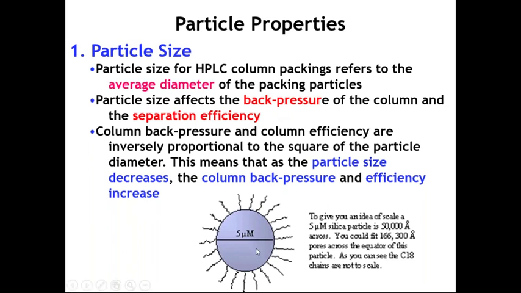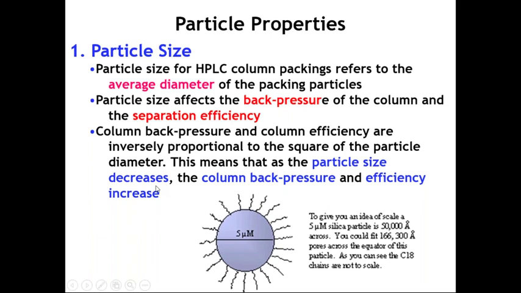The lower the particle size, the greater is the efficiency of separation between two analytes. However, the disadvantage is that as you decrease the particle size, the back pressure on the column will go up.